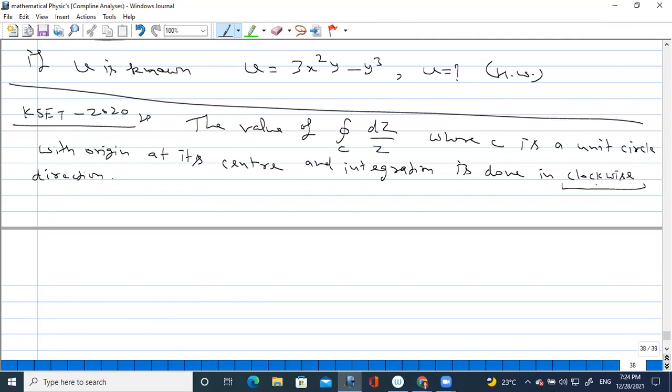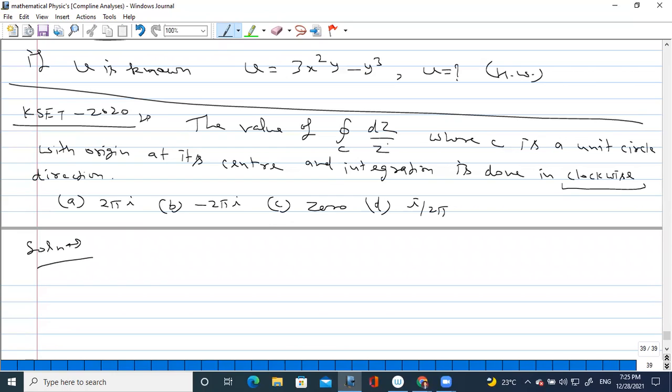I will write one statement on this in the next part, but you can remember that. Otherwise, this is a simple integration question. Looking difficult, but it is very, very simple. And the options are 2 pi i, minus 2 pi i, 0, i upon 2 pi.